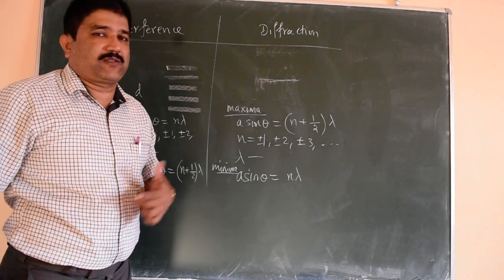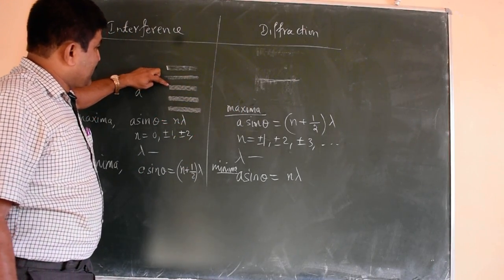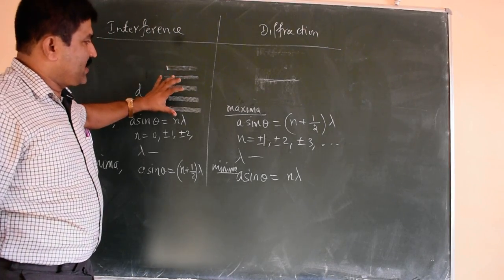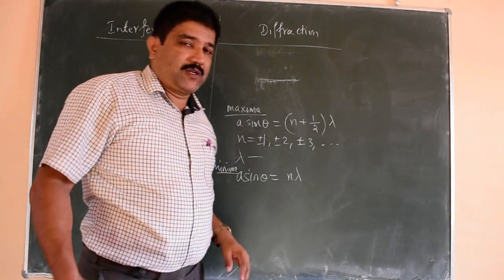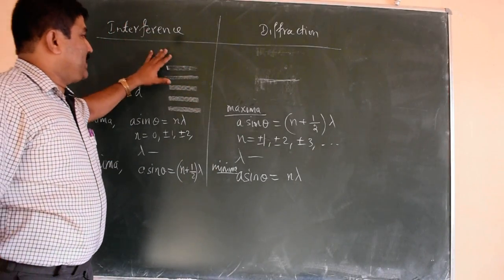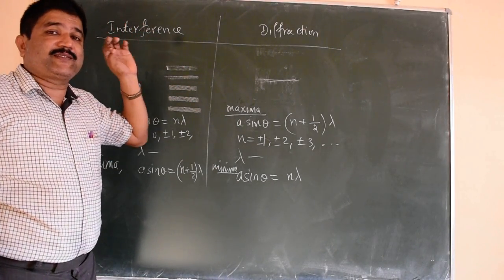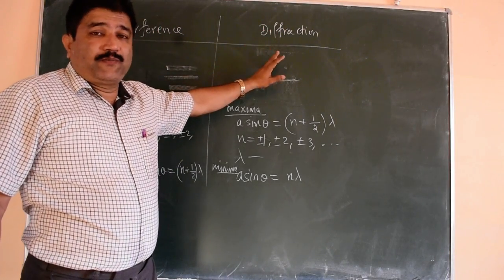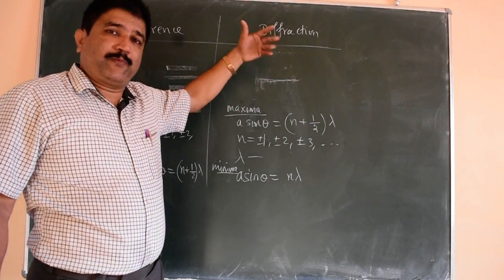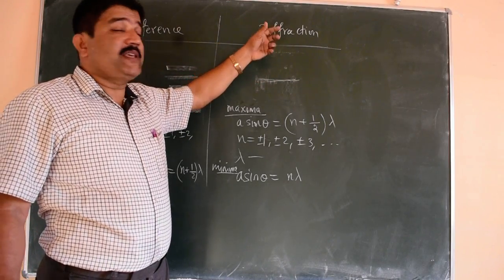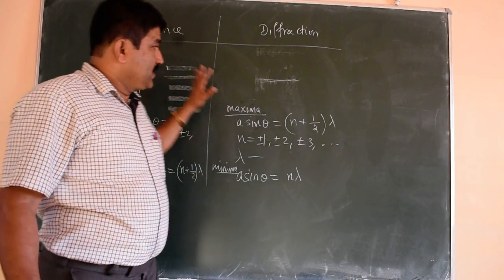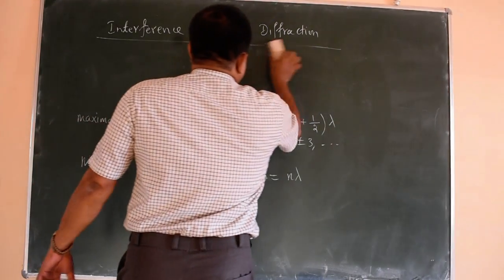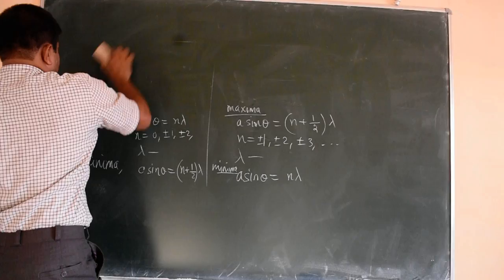That is poor contrast. Here we can say clearly where it is dark, where it is bright. So this is very good contrast. The contrast between bright and dark fringes in interference is good, whereas the contrast between bright and dark bands in diffraction is poor. So those are the major differences between interference and diffraction.